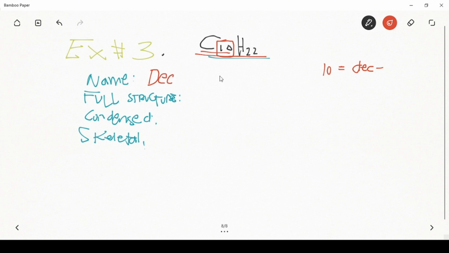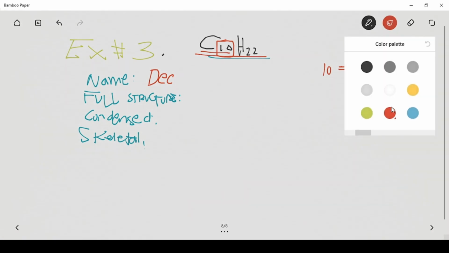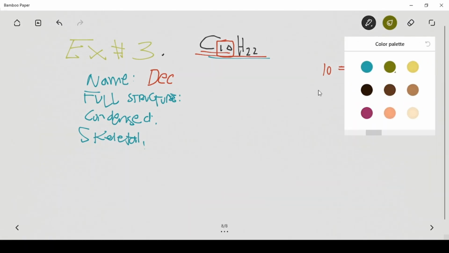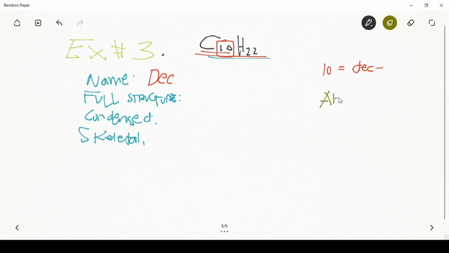Okay, now, in order for us to identify if it is an alkane, alkene, or alkyne, we must manually check if we are going to use the suffix ane, ene, or yne.